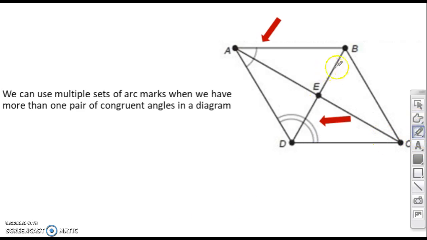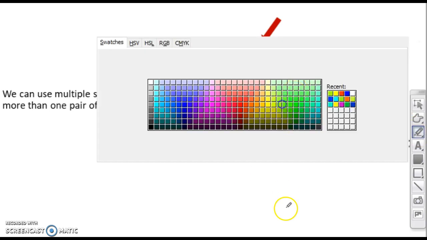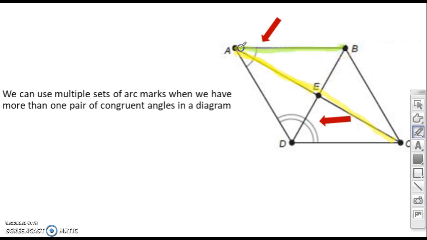And then for this one, just to show you, this segment, AE, or you could say AC, either one of those segments is the angle bisector for BAD.